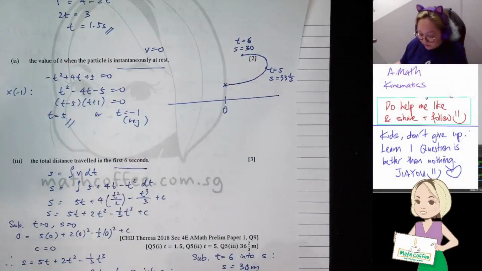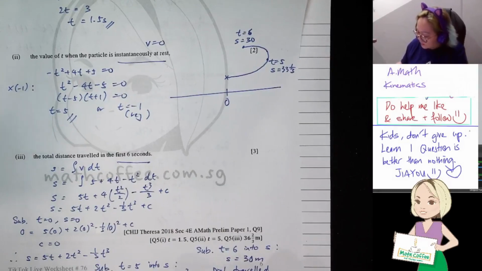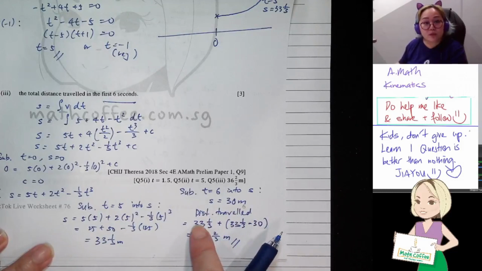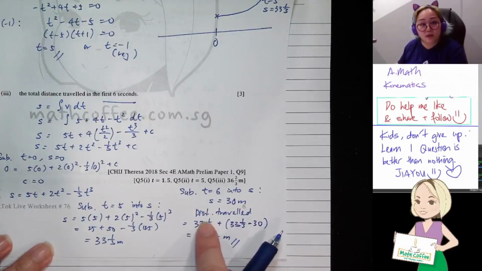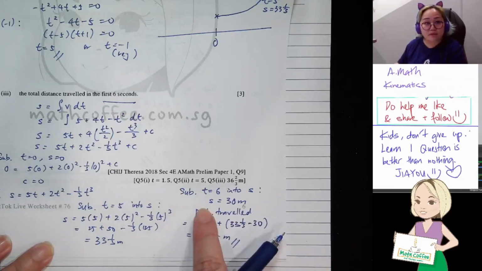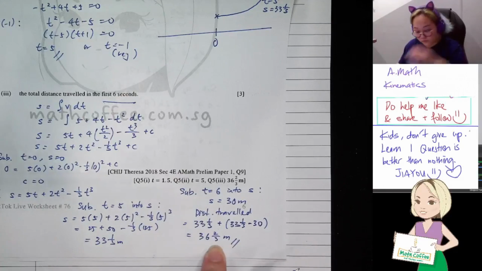So it will be 33 1/3 plus 33 1/3 minus 30. Therefore, it is 36 2/3 meter. The distance traveled is 33 1/3 in the first 5 seconds, this is the 5th to 6th second, and then the total distance traveled for the first 6 seconds will be this answer. Understand?